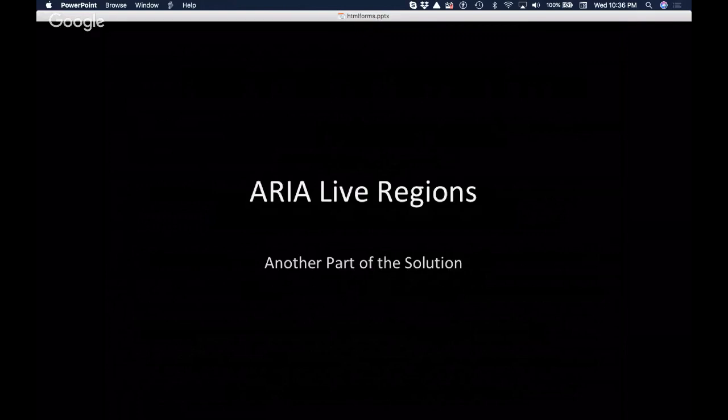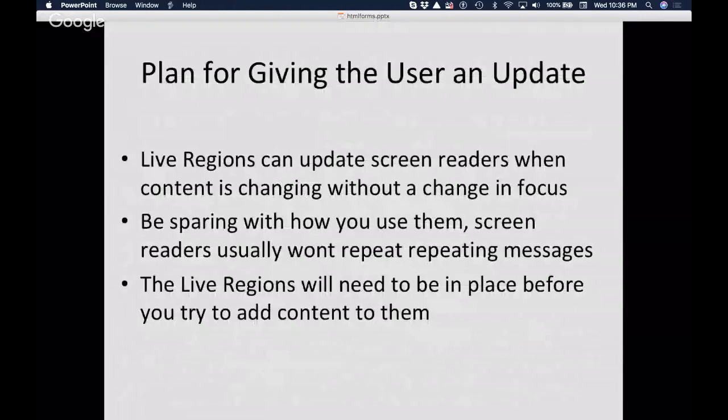Now, the next thing as part of this is planning on actually how we're going to give the users an update. One of the recommended approaches is to use ARIA live regions. A live region can update a screen reader when content is changing and when they're not there and there's no focus for them. So if a different part of the page changes, they can get an update.